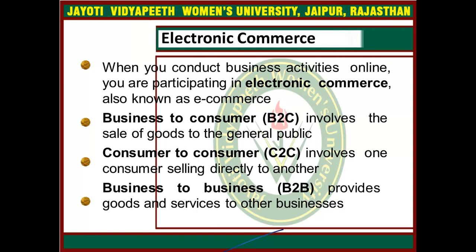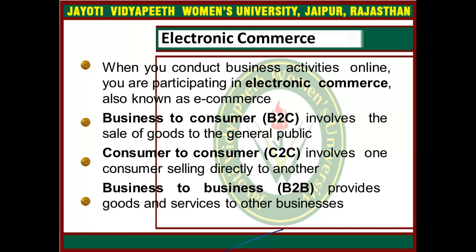Now come to electronic commerce. When you conduct business activities online, you are participating in electronic commerce, also known as e-commerce. We basically divide it into three categories: B2C, C2C, and B2B.